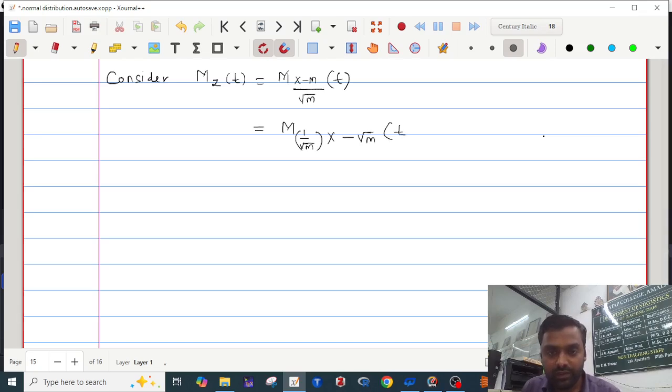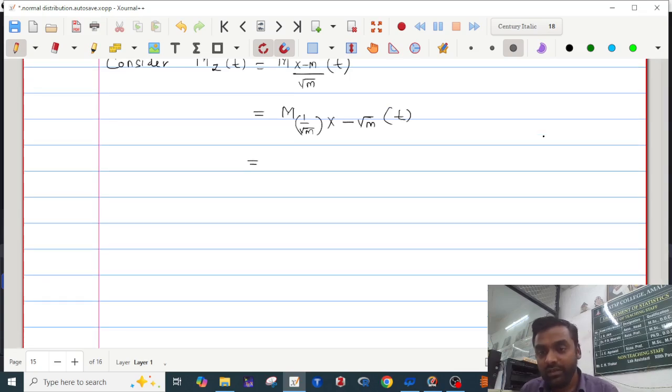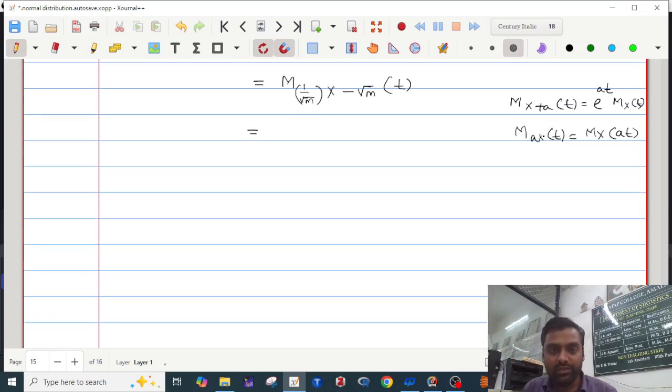This will be solved by the properties of MGF. We know the change of origin property: MGF of X plus a at t is e raised to a t into MX of t, and MGF of aX at t is MX of at. So these two properties we will use here.